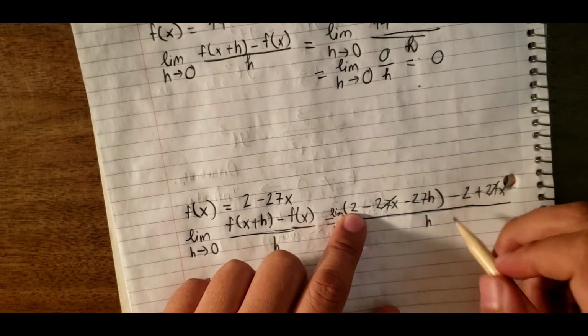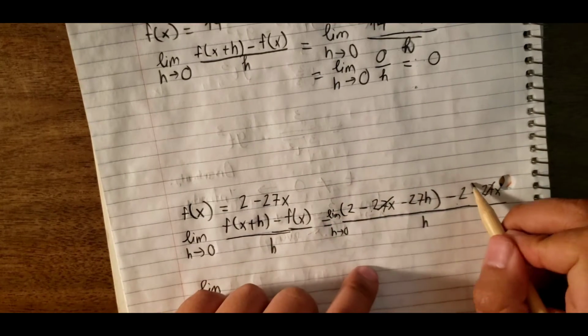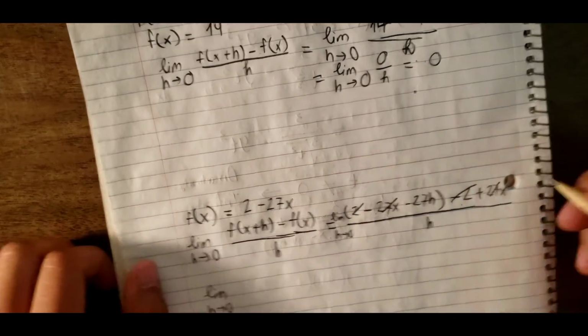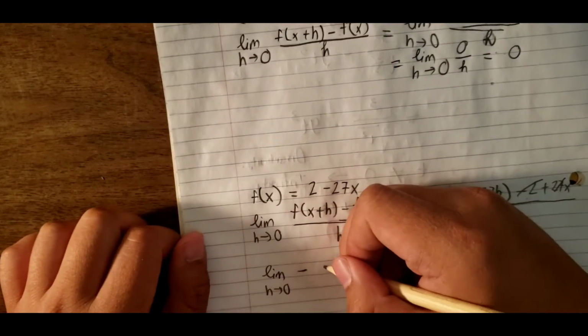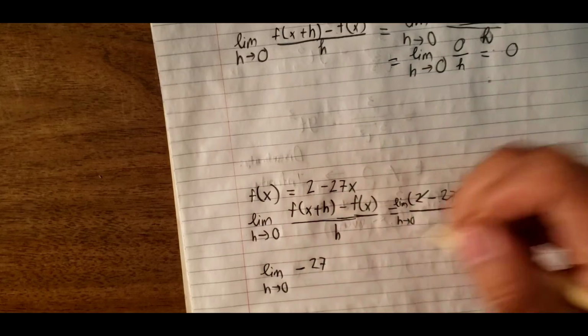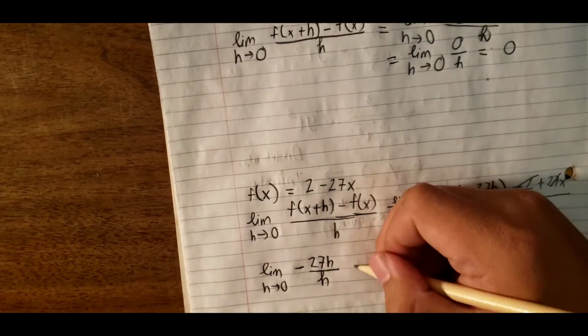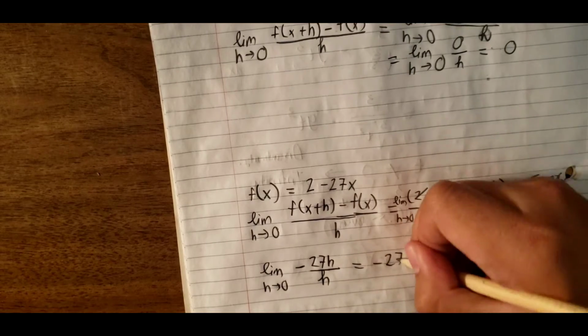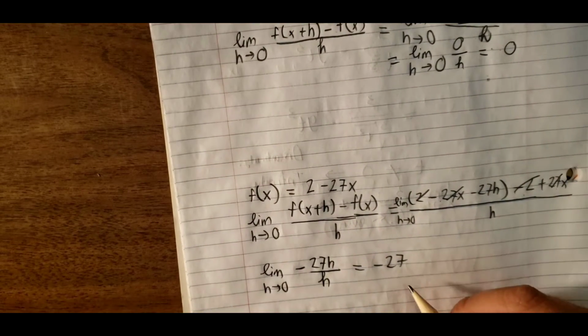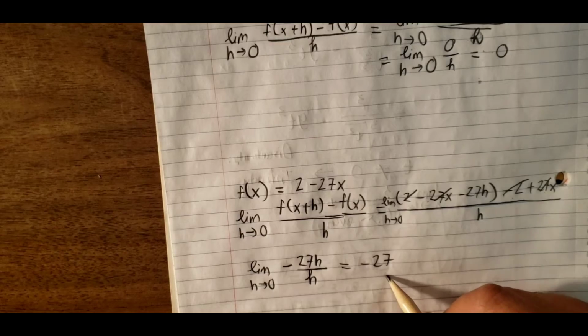We have the number 2 and minus 2 in here, we eliminate together, so we have only minus 27h divided by h, equal to minus 27. So the answer is minus 27.